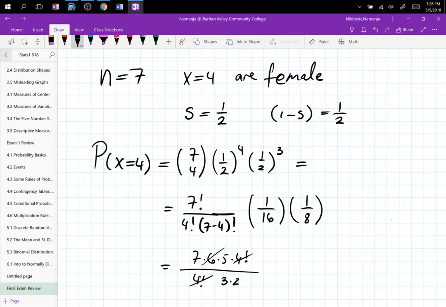Well, that's 6, so that cancels. 1 over 7, right? So that's 16, 32, 64, 128. There we go. 7 times 5 is 35, divided by 128. 35 divided by 128 is 0.273.